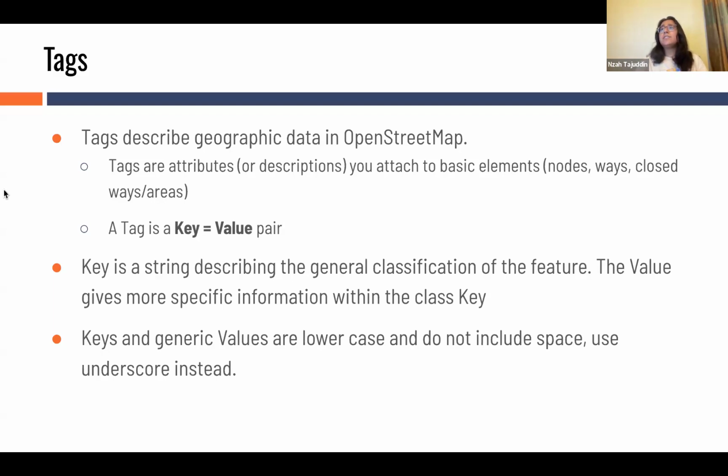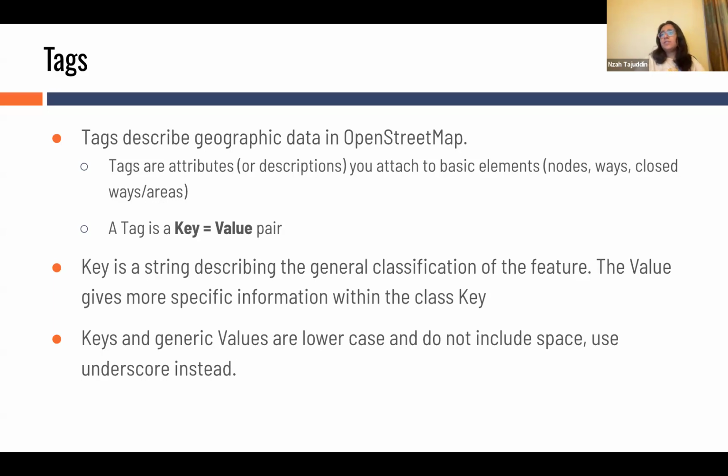Tags describe geographic data within OSM, and they are attributes you attach to basic elements: nodes, ways, or polygons. A tag is a key equals value. For example, the key can be highway and the value can be residential, so you would have highway equals residential.